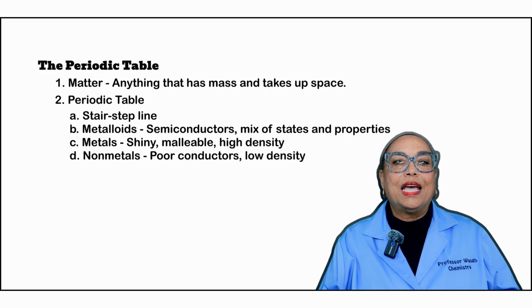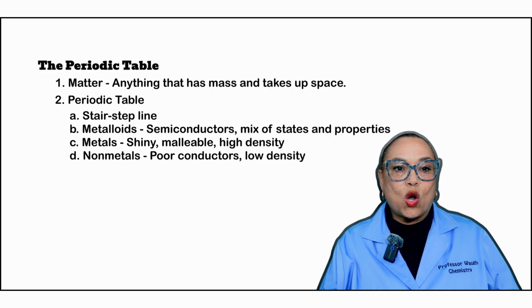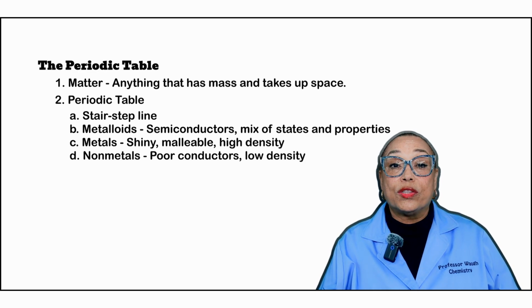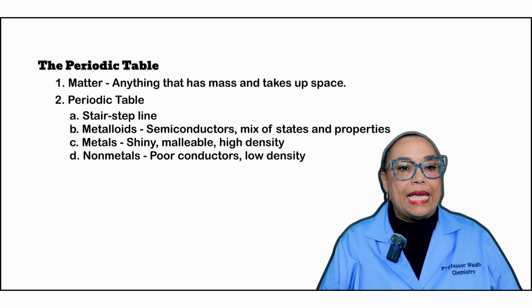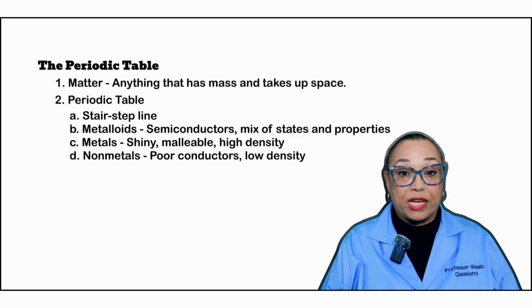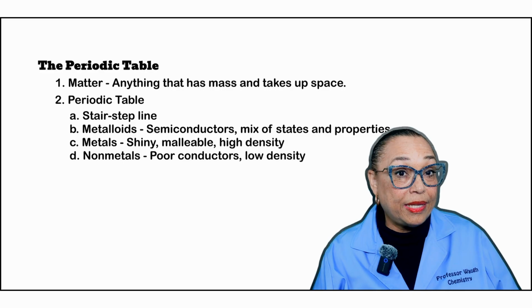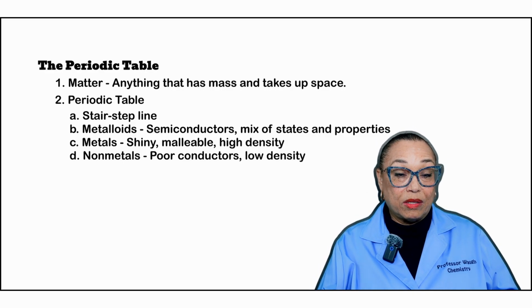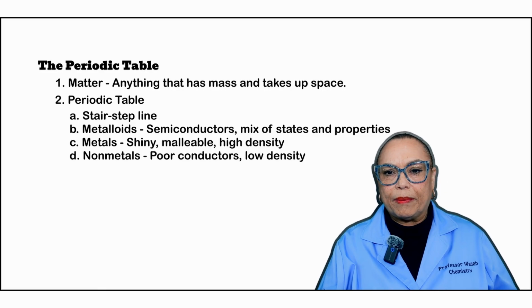Now, the types of elements are placed on the periodic table based on their relation to the stair-step line. Any element touching the stair-step line, excluding aluminum, would be classified as a metalloid, or semi-metal for old people like me.